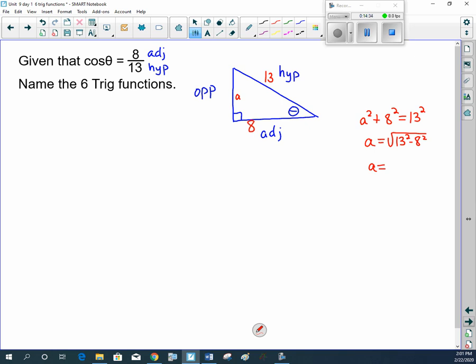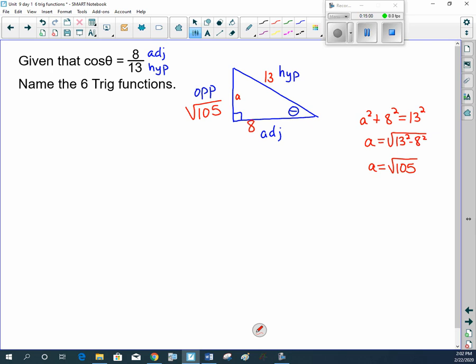Let's see. 13 squared minus 8 squared. Okay, so the square root of 105. So the square root of 105.